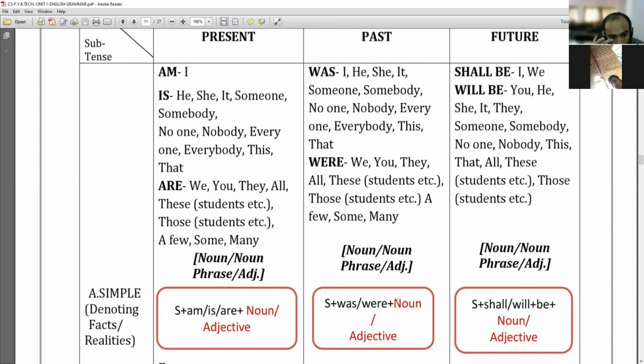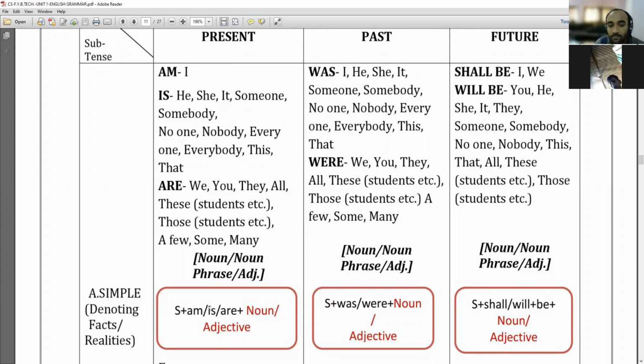Now I'm a teacher, and for showing the realities or facts in the present, what shall I say? I will say that I am a teacher. Teacher is also a noun. So it shows the fact in the present tense. Now I am a teacher, but before 5 years, I was a student.